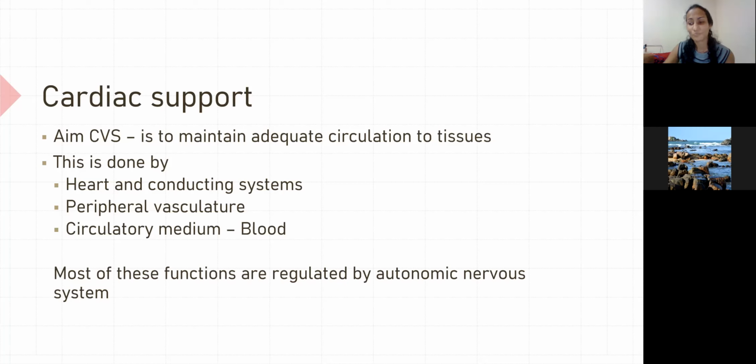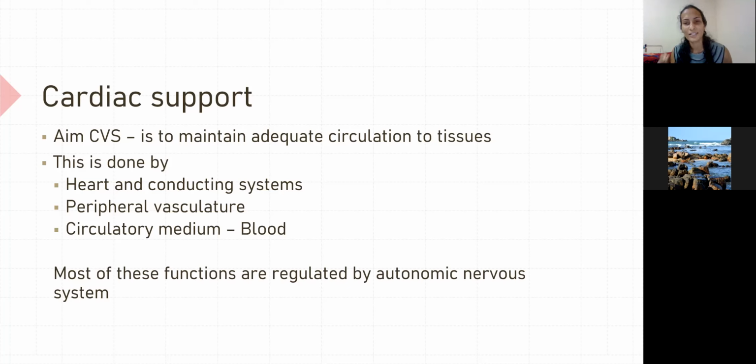So think about it. Your heart pumps at a normal rate in the normal way, but when you suddenly get scared of something and your sympathetic system gets activated, it increases your heart rate, it increases the contractility of the heart, and it increases the blood pressure.